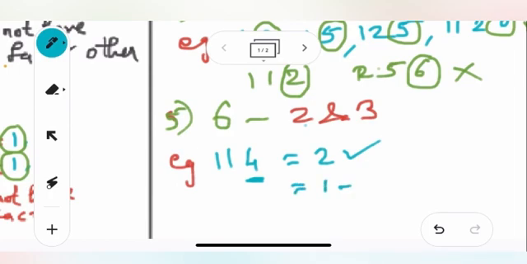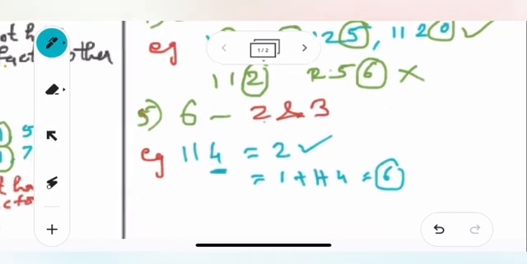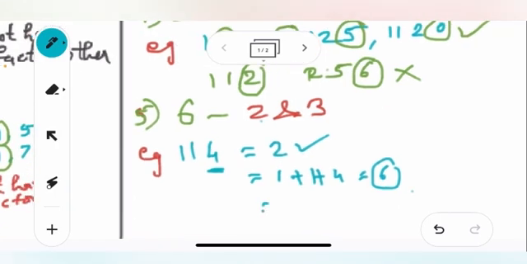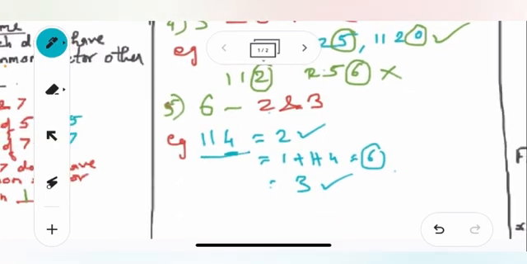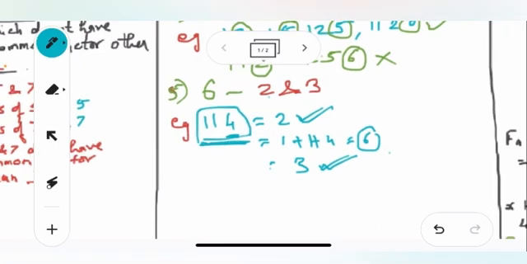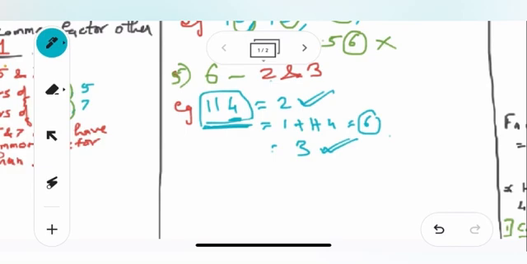So 1 plus 1 plus 4 is equal to 6. Now 6 comes in the table of 3, yes. So this 114 goes in the table of 2 and in the table of 3. That means this number is divisible by 6. So this way you will find the divisibility rule for 6.